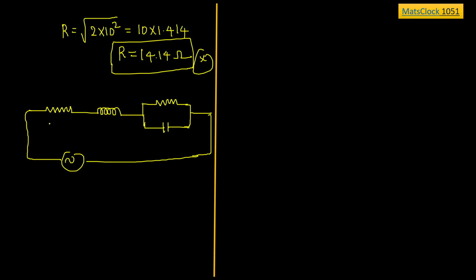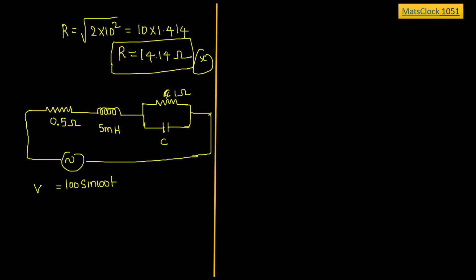Now the values given are: this is 0.5 ohm, inductor value is 5 millihenry, value of the capacitor is C, value of the resistance is 1 ohm. Supply voltage is given as instantaneous voltage 100 sine 100t.